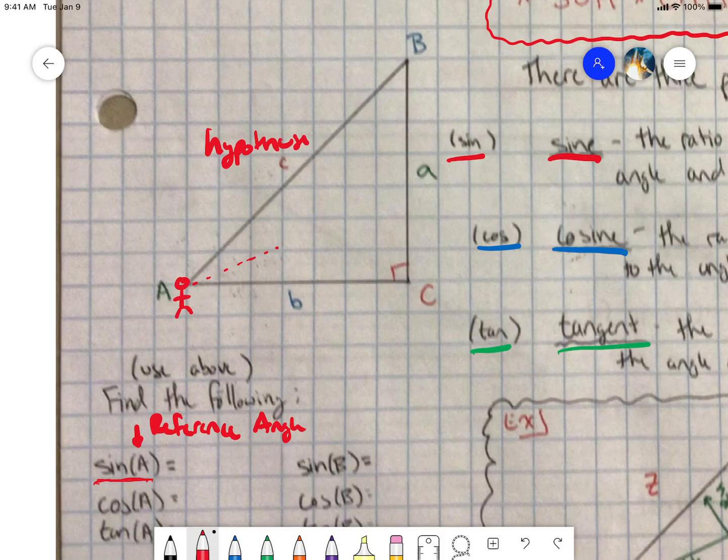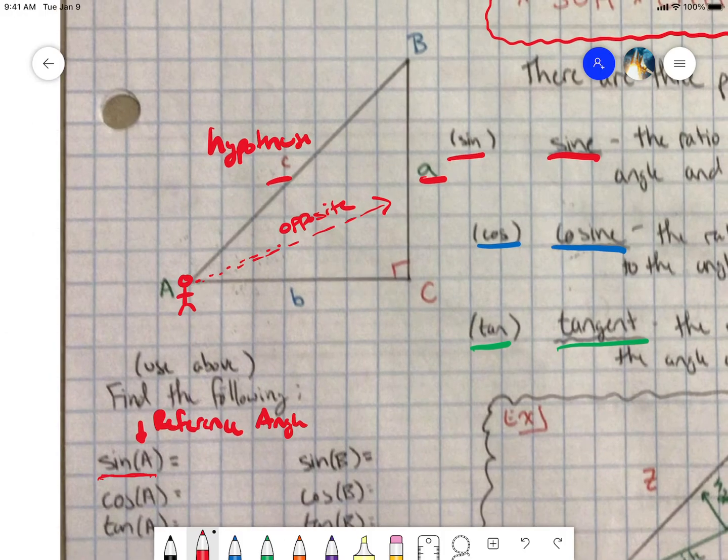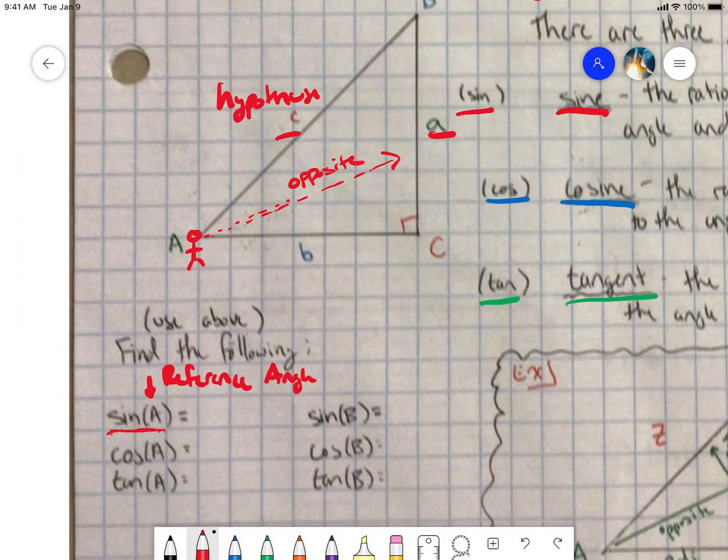So when we say it's the ratio between the side opposite, if I'm standing here at A, this is my opposite side, which is a. So it's the side that's directly across. In this case, since this one has a measure of a and this one has a measure of c, my ratio, sine of A, is opposite over hypotenuse, or a over c. Okay.